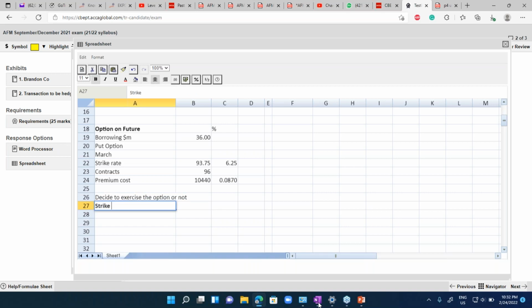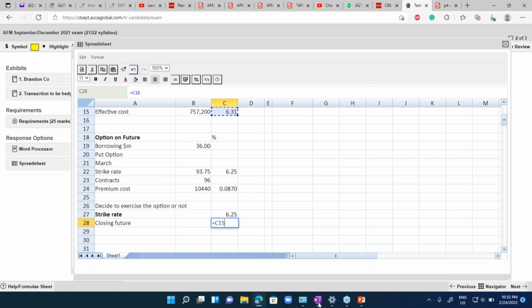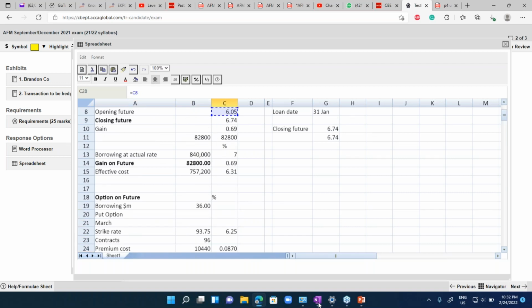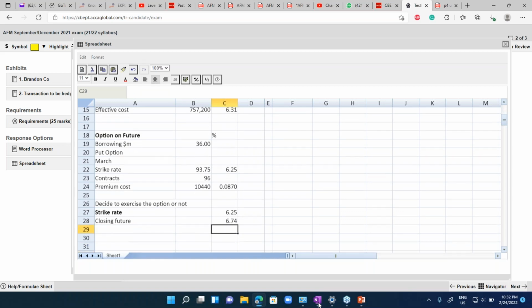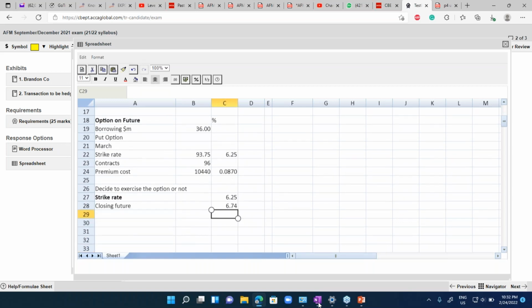Write the strike rate. You have booked that you will pay 6.25, but market moves to, what is the closing future? Market moves to 6.74. Guys, is it a gain or loss?